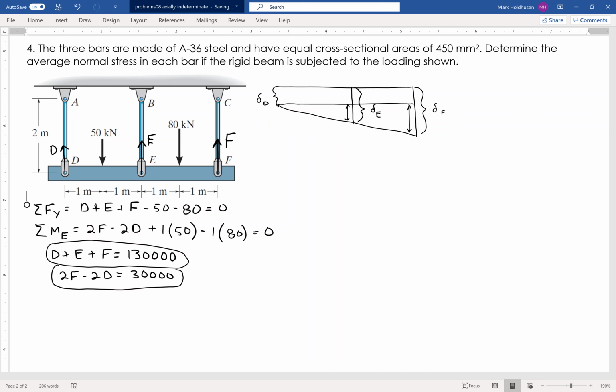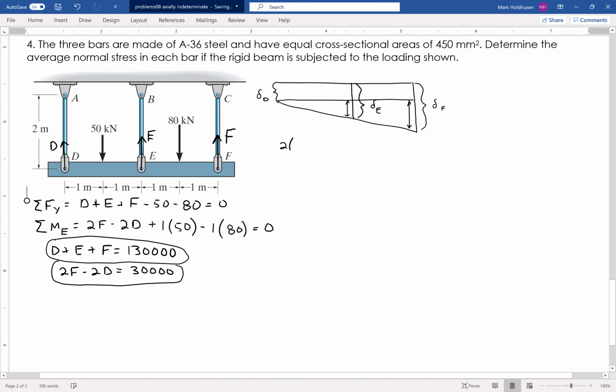So 2 times (delta E minus delta D) has to equal delta F minus delta D. That continuity is what we're using there. The little guy in the middle moves down twice as far as the one on the right side, based on similar triangles and the fact that it's right in the middle.